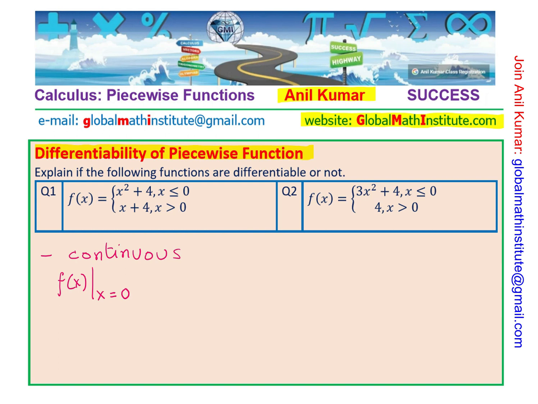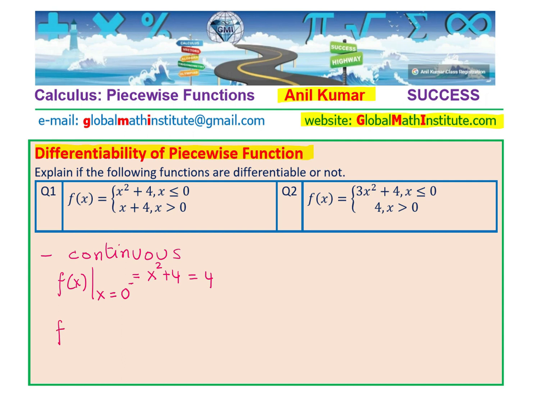So from the left side means I'm writing minus. When we look at it from the left side, we are on the curve x squared plus 4. If I substitute 0, it is equal to 4.